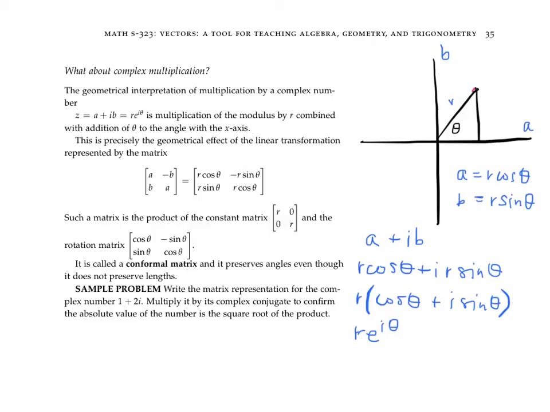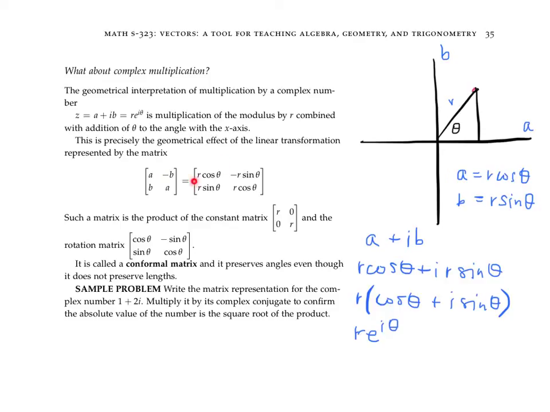And really, when we're looking at a matrix representation of a complex number, the way we want to do this is use this. It's a conformal matrix. So we have a, b, remember that a is the real component of a complex number, b is the imaginary component of a complex number, and negative b, a over here.